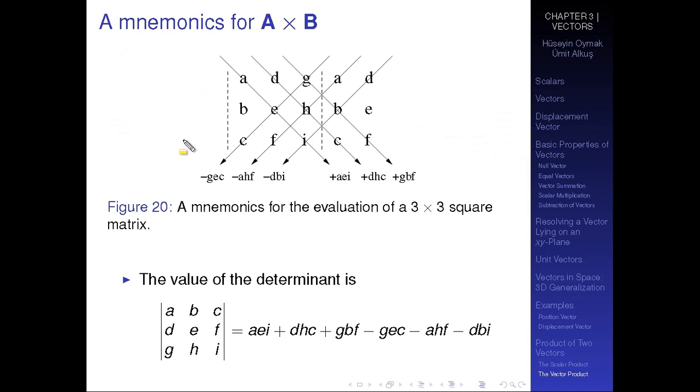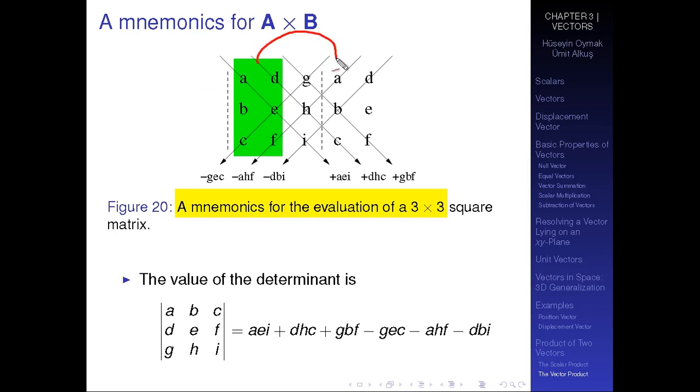A mnemonic to evaluate a 3×3 determinant in an easier manner is presented in this figure. First, extend the matrix by repeating the first two columns to the right of the third column. The value of the determinant is the sum of the products corresponding to the three complete right diagonals.